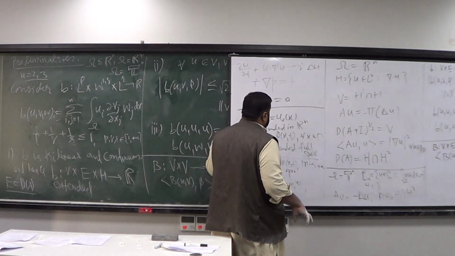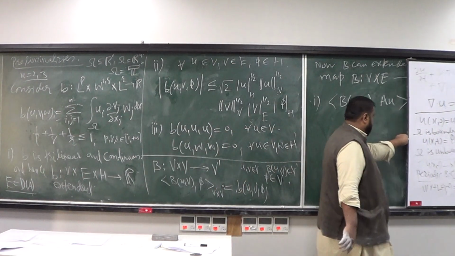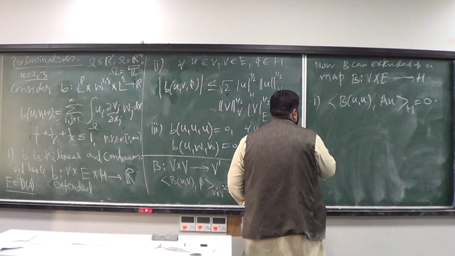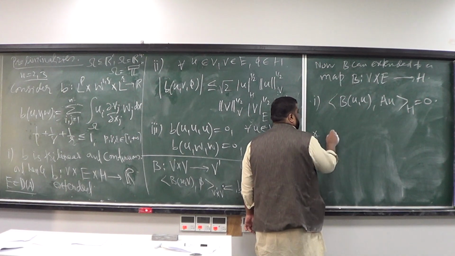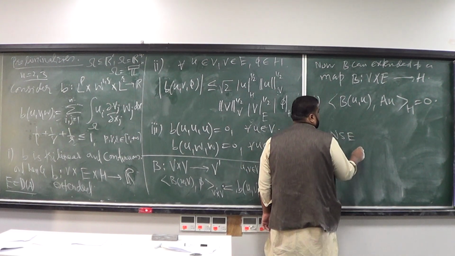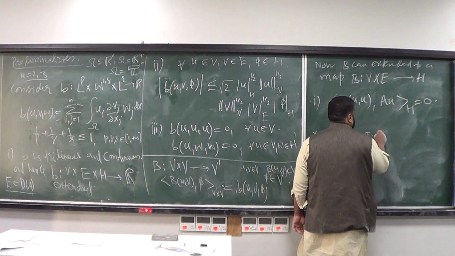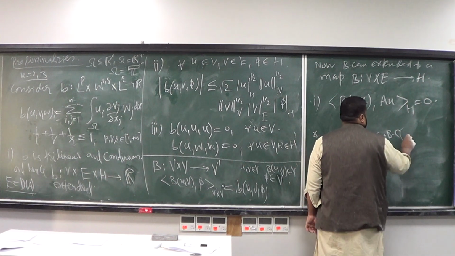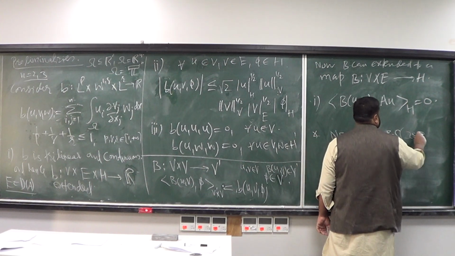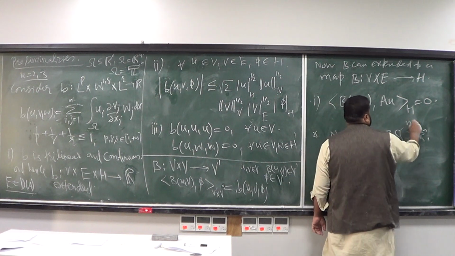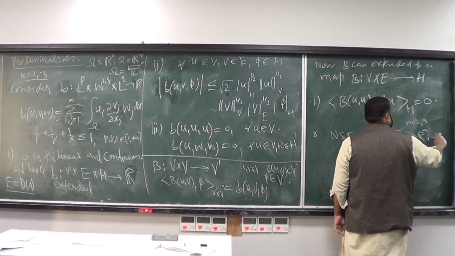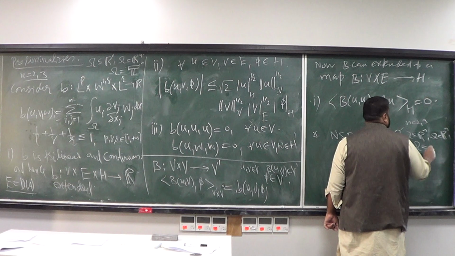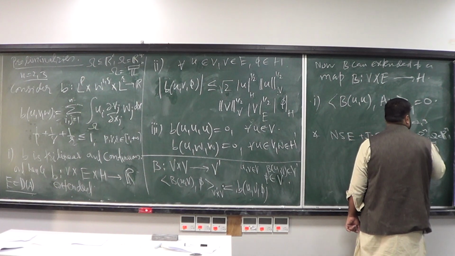So what we did so far: I wrote my Navier-Stokes equation plus initial conditions and boundary conditions in the case where omega is a subset of Rn, where n is 2 or 3, or where omega is the full space Rn, or omega is the periodic domain.